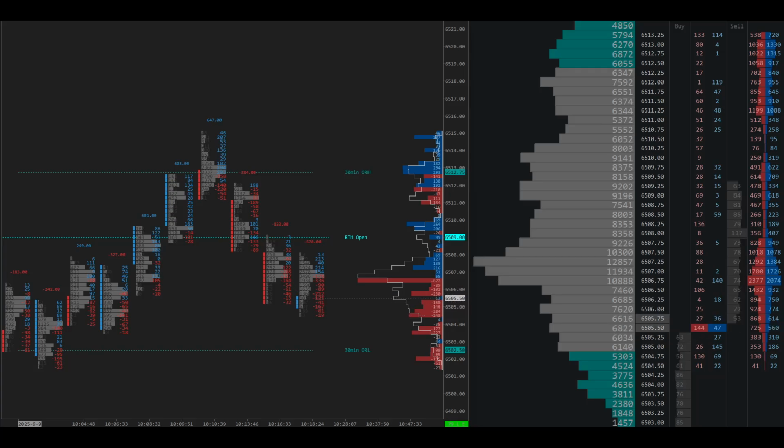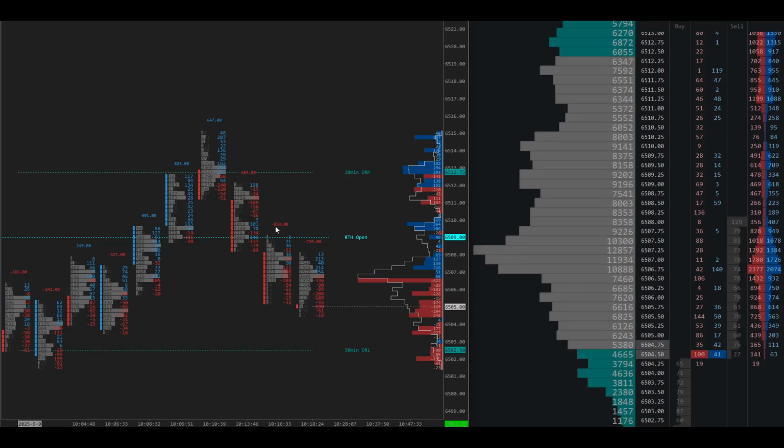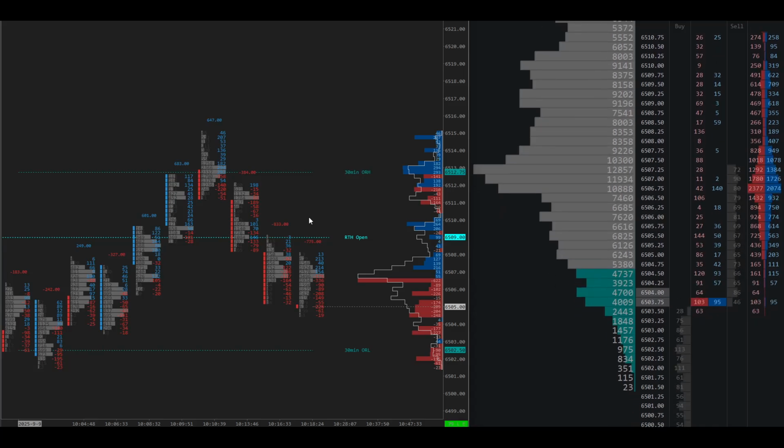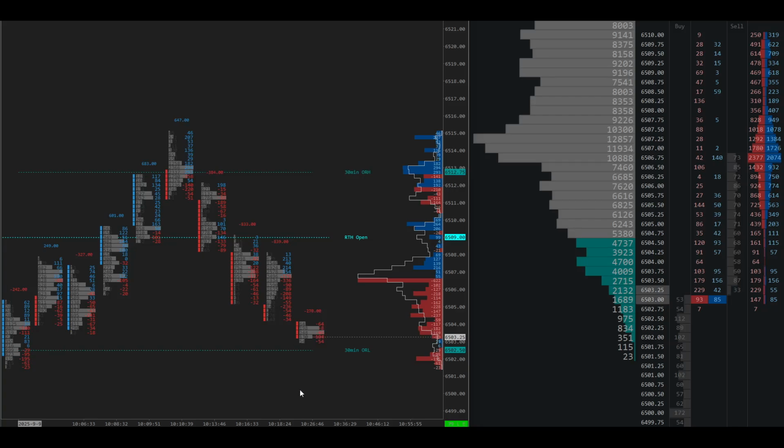We got negative deltas on it too. This is something that's nice to see when it flips and the rotation starts the other way, to see the deltas supporting it. You'll often see that when trapped buyers are getting flushed out. You see a lot more selling market orders coming through.